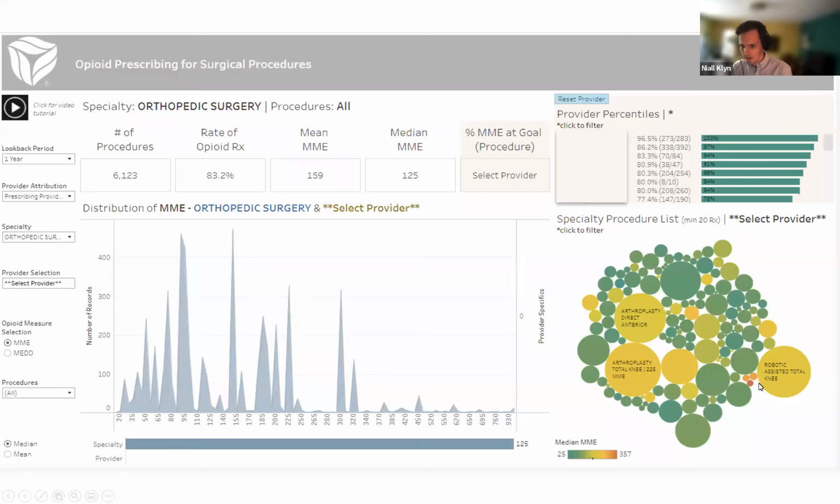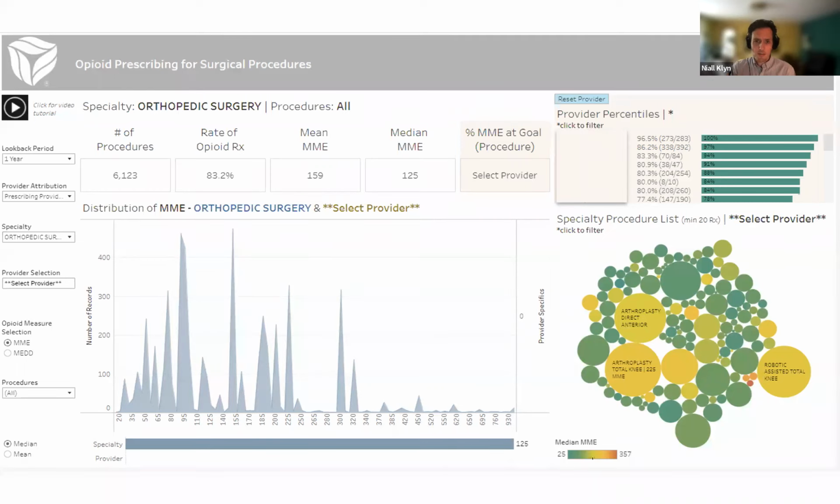Because if I pick this tiny little bubble down here and it's bright red, but all of the encounters are at that same level of prescription, maybe that's not very helpful. Maybe we really need to look for that variability rather than looking for high level of prescriptions or of dosage, or maybe it needs to be both. Maybe we need a combination of the two.